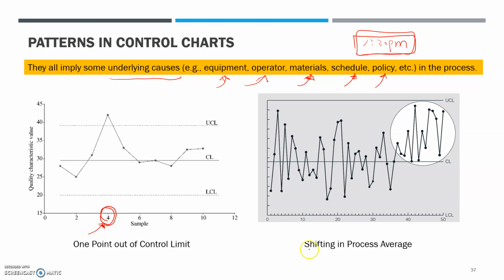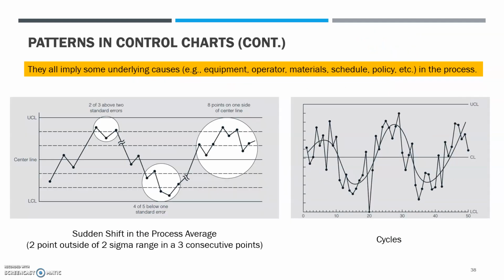And this is a shift in process average. Obviously, the last range of observations here are staying above the center line, meaning it's likely that the process average has increased. So if you're seeing something like this, that implies your process average has shifted.